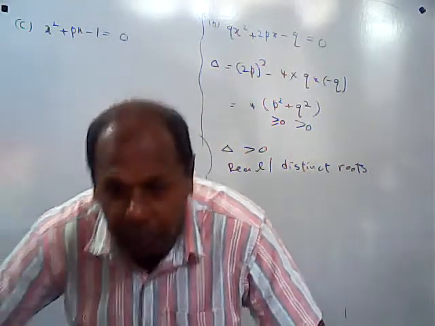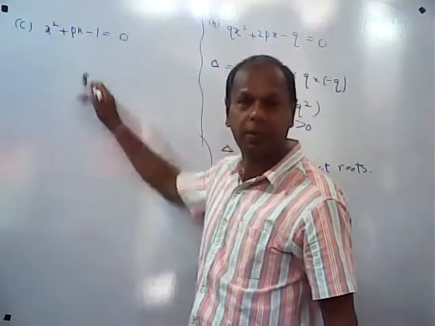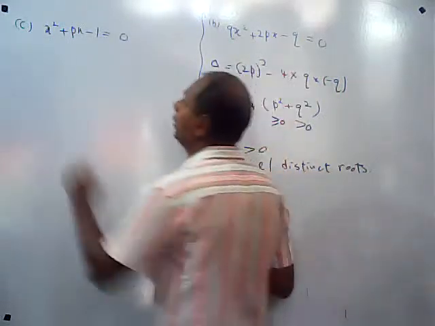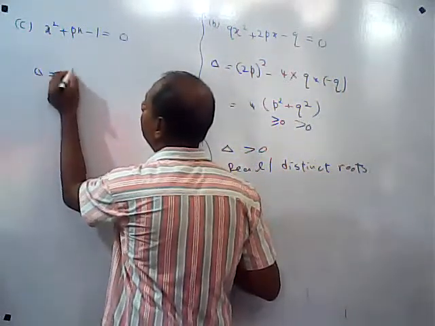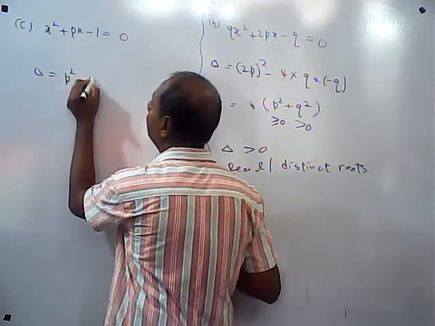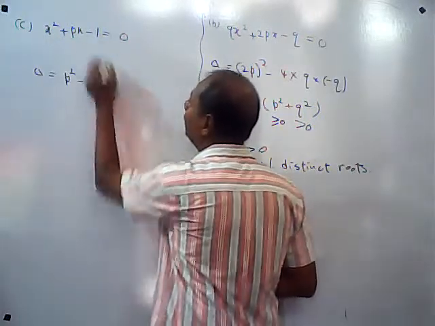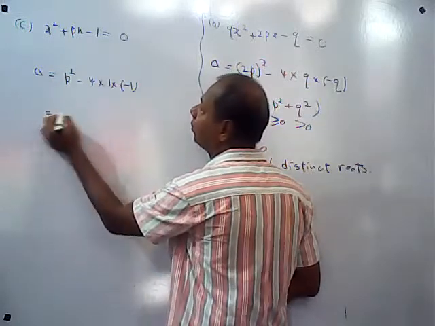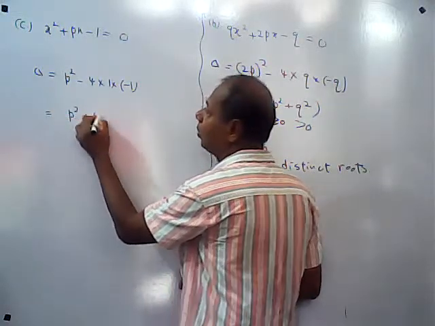Greater than or equal to 0. Let's see. Delta is P square minus 4 times 1 times minus 1. P is minus 1. So it is P square plus 4.